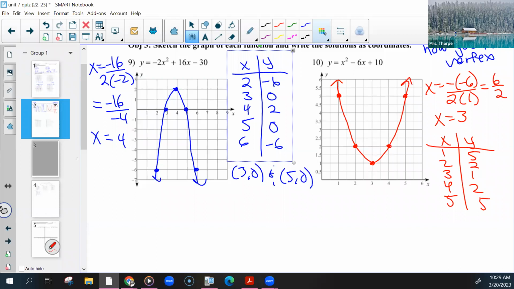Oh, and this was no solution. We didn't cross the x-axis. But the steps are up here: how to find the vertex by the graph, how to find the vertex by the table. Please use that.